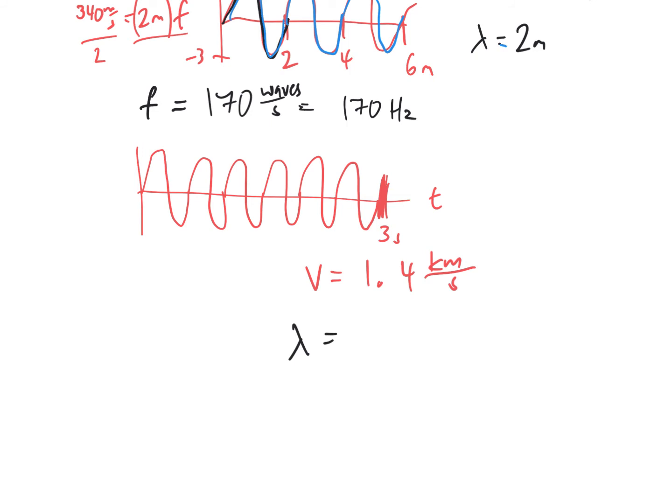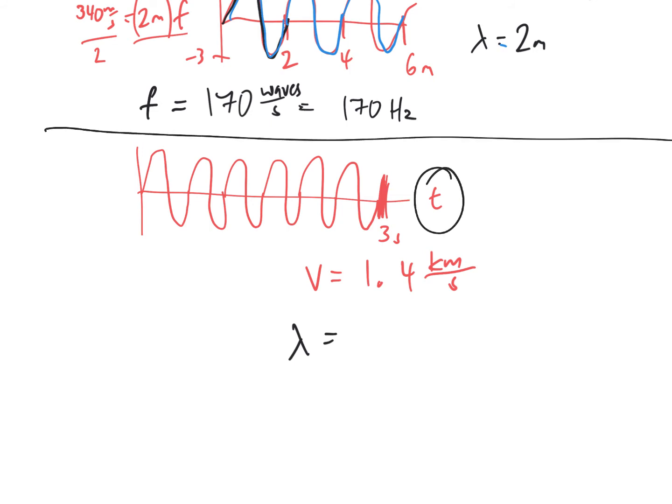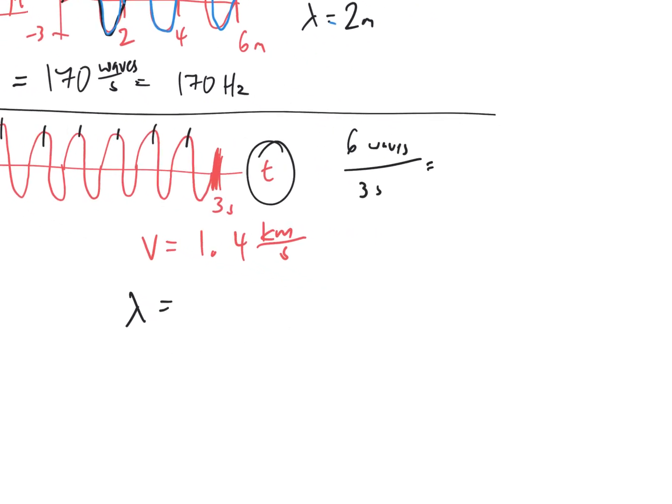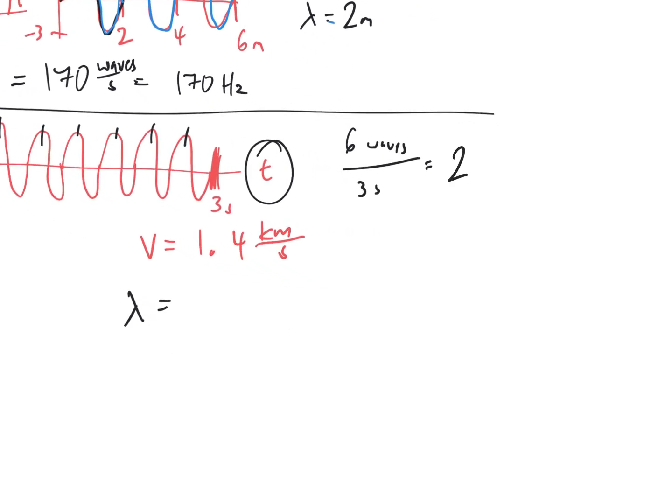All right, so coming back, the first thing to note on this one is we're looking at time here. Since it's time, I can count 1, 2, 3, 4, 5, 6 waves in 3 seconds. 6 waves per 3 seconds gives me a frequency of 2 hertz.